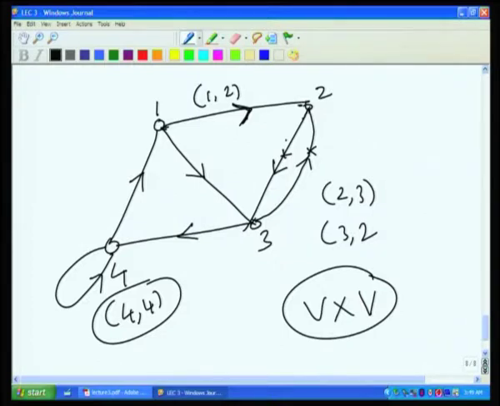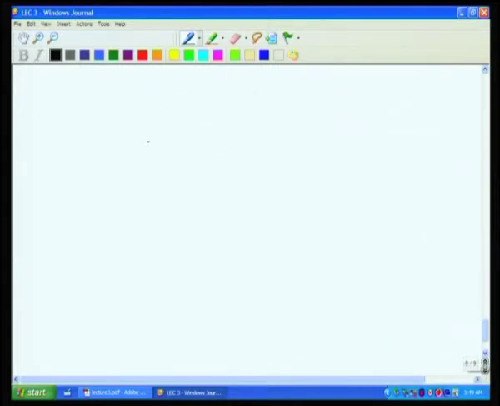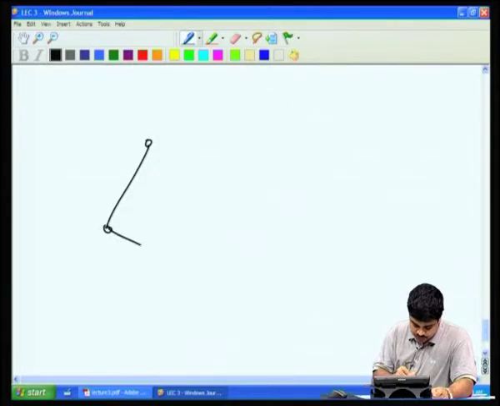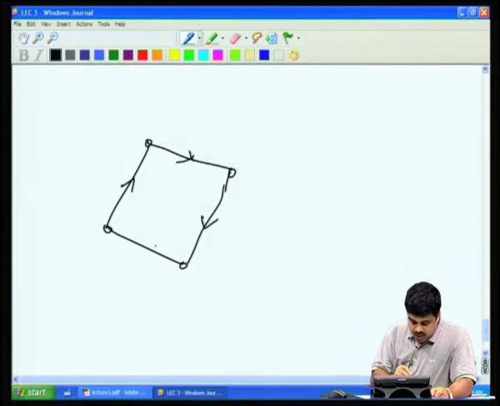Now coming back to our point, starting from a directed graph also, we could have constructed a double cover of this directed graph, for instance.